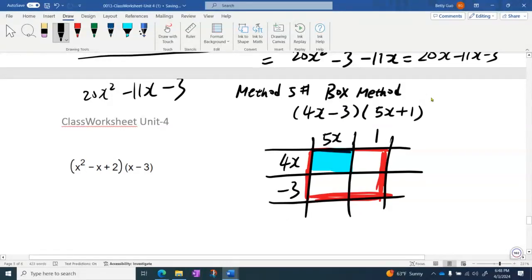Multiply 4x and 5x together, we have 20x squared here. All right? And then the yellow. The yellow cell is row 1, column 2. Row 1, 4x, column 2, 1. So the yellow is going to have the multiplication of 4x and 1. 4x times 1 is 4x.